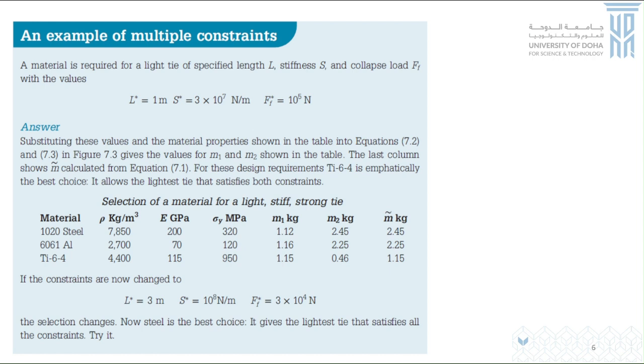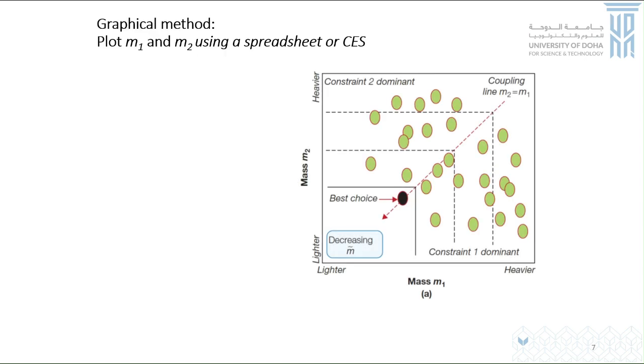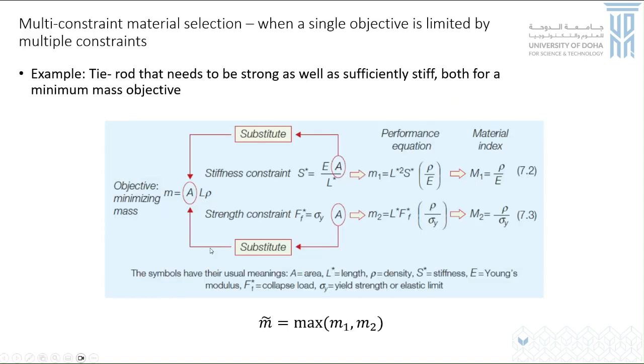Now, if you want to plot these solutions, you can do that even in software like CES, for example. If somebody has watched my demo, you may have seen the advanced feature where you can type in manually the equation that you want. So you can go back and type this equation for M1 and this equation for M2.